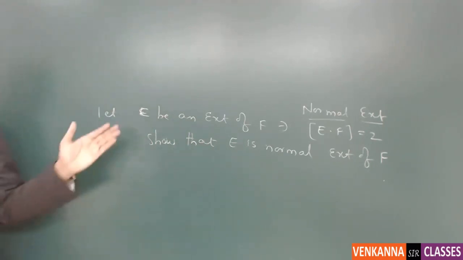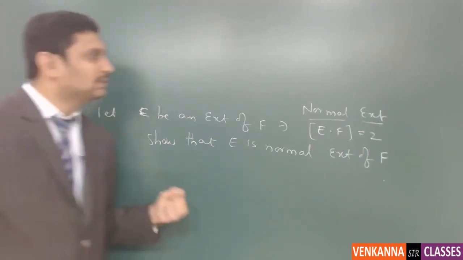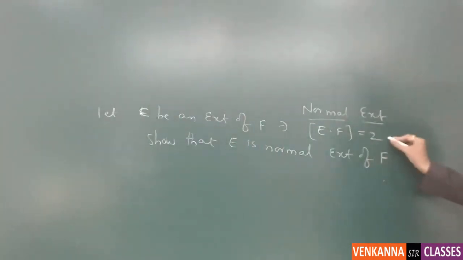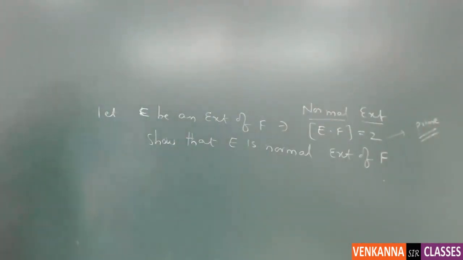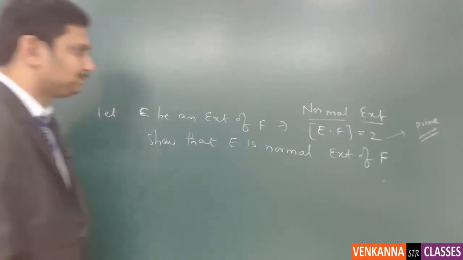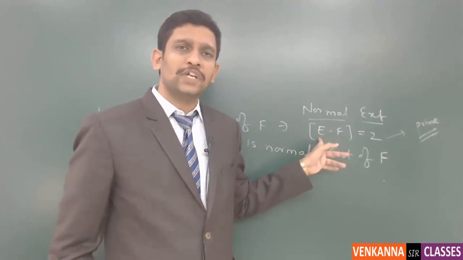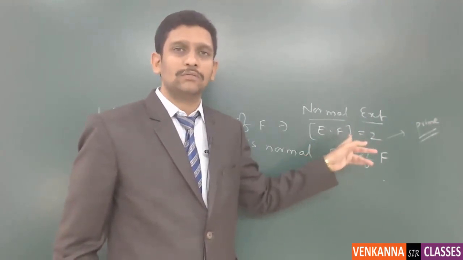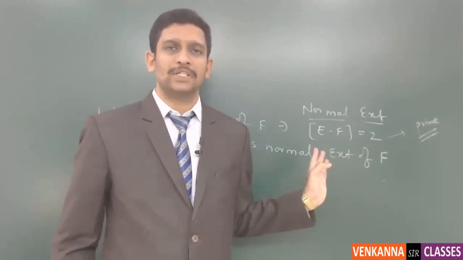So coming to the problem, this is the thing he asked actually. In particular, if the dimension is a prime number, in such cases also, we can say that E is a normal extension of F. So, first of all, as it is given that the dimension of E over F is equal to 2, it means that the basis contains a finite number of elements.